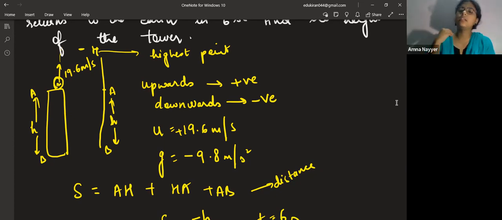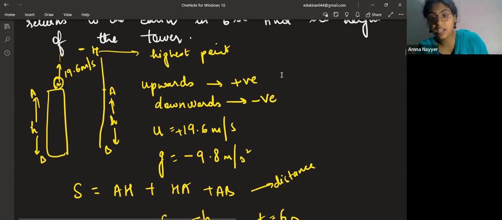Now it depends on you whether you write it as positive or negative. Take one direction as positive, the other as negative, and whichever quantities are falling according to it, substitute their respective signs. Fine. Sign convention is very, very important, not only under motion under gravity but for motion in a straight line as well. For left and right, you can take one as positive and one as negative in this manner. You have to write it.